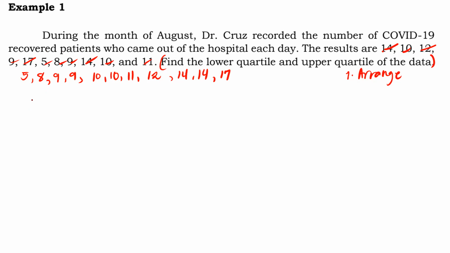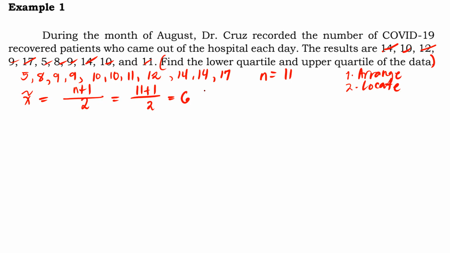So kunin natin yung median, ano? We have to first arrange. Then after that, we have to locate. Locate muna natin siya using n plus 1 divided by 2. N is, ano po yung n natin? 11. So that is 11 plus 1 divided by 2, which is equal to 6. Ibig sabihin, yung 6th term po ay yung ating Q sub 2 or median.